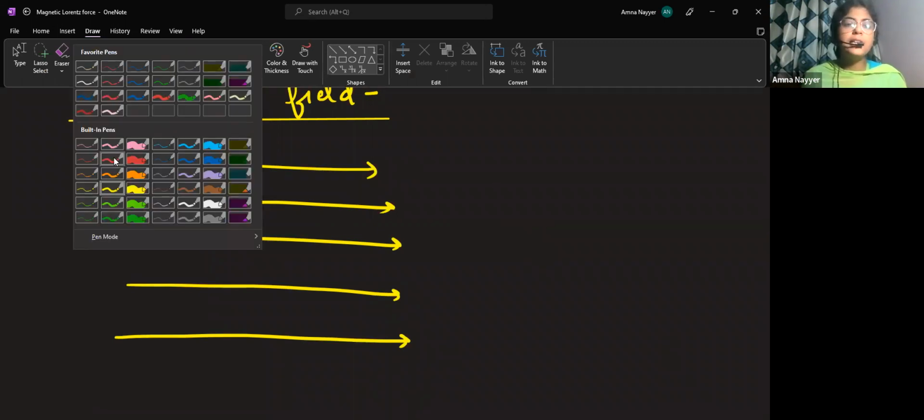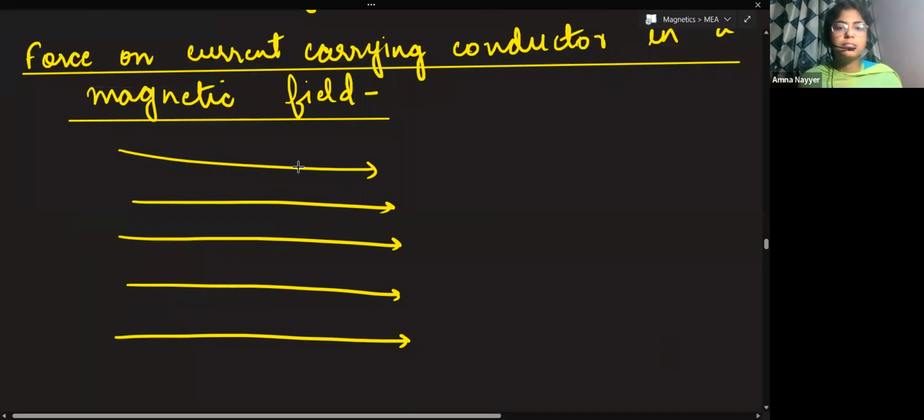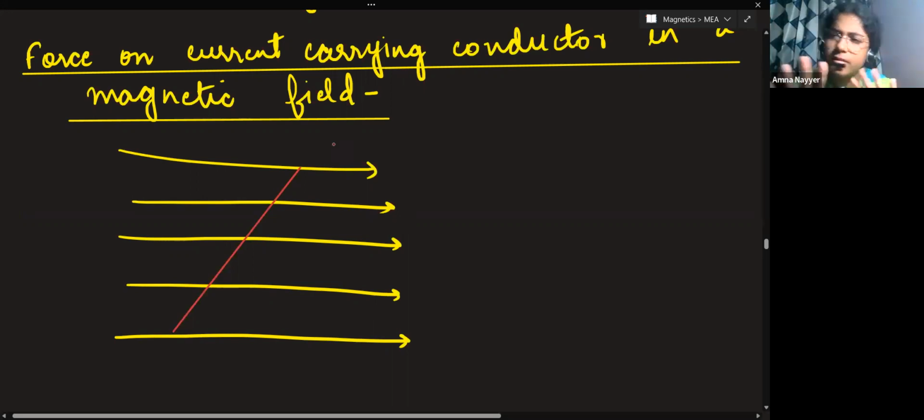Magnetic field lines are there, and a current carrying conductor is kept. We'll be doing force on two parallel conductors as well. That has a different formula, so remember, this is for just a single conductor. For two conductors, using this formula, we'll derive it in today's class only. That is a simple formula, you people will be able to do it.